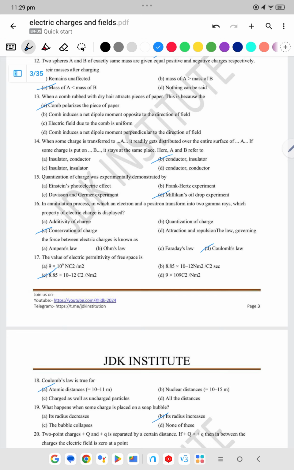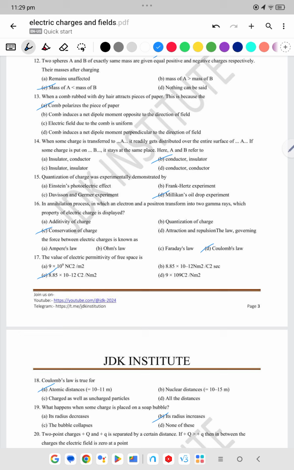When some charge is transferred to A, it readily gets distributed over the entire surface of A. If some charge is put on B, it stays at the same place. Here, A and B refer to conductor, insulator.